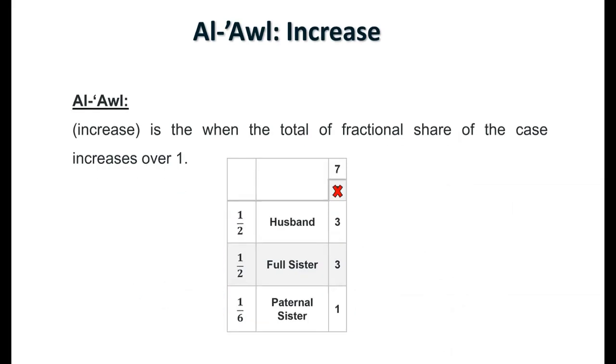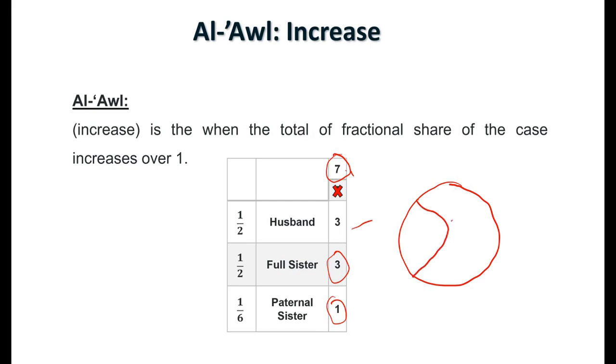So the case will look like this now. The husband is getting 3 out of 7, and the full sister is getting 3 out of 7, and the paternal sister is getting 1 out of 7. So the case will be divided in 7.